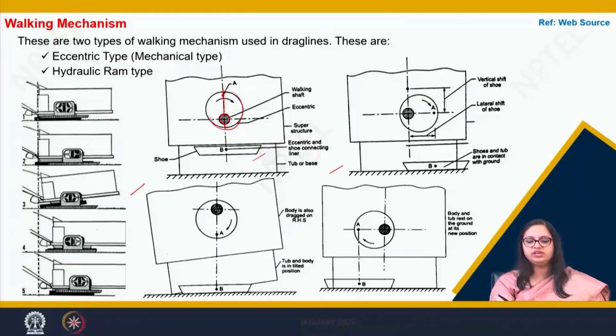When the walking shaft rotates, it would rotate this point A to this horizontal position A. So, there is a vertical shift of the shoe by this much amount, where it would shift the point B to touch the surface of the ground. Now, as you can see, below this walking shaft the distance has increased.